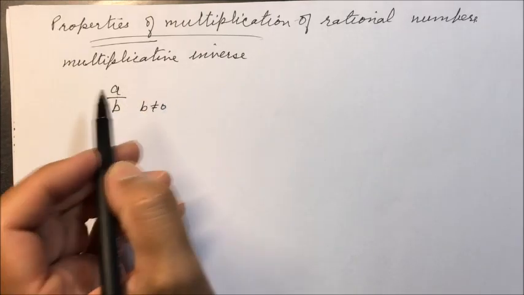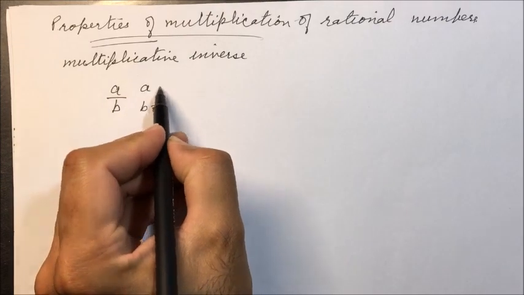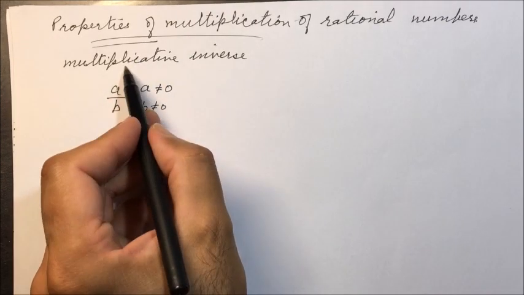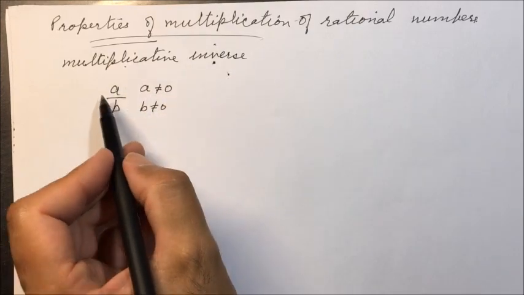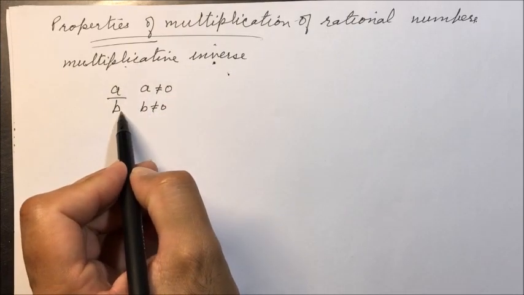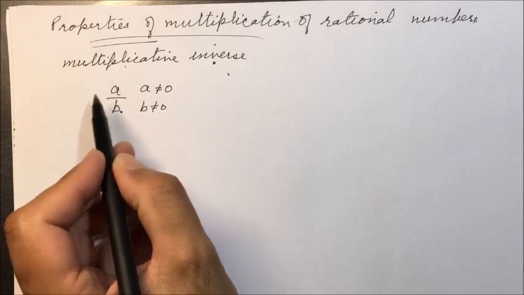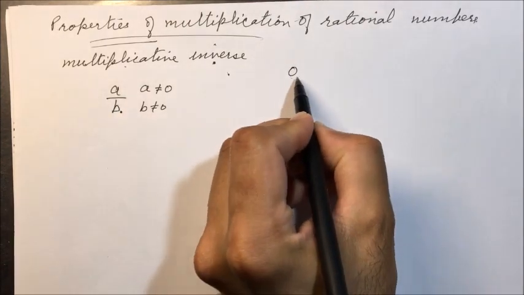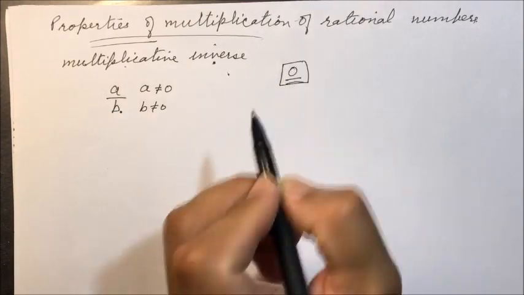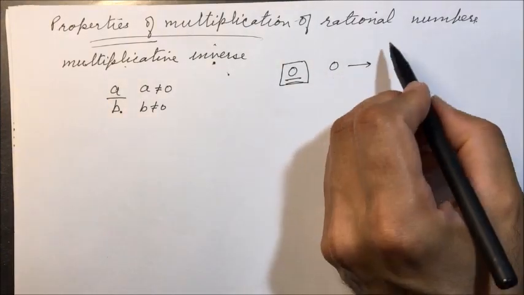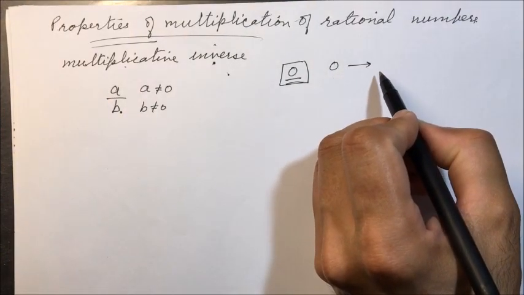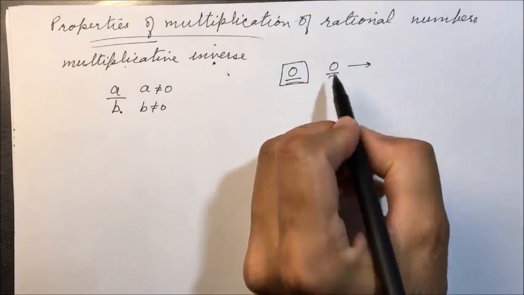A should also be not equal to 0 for the existence of a multiplicative inverse. So for a non-zero rational number, we are not considering 0. 0 is a rational number, but for 0 there does not exist a multiplicative inverse. No inverse exists for 0.